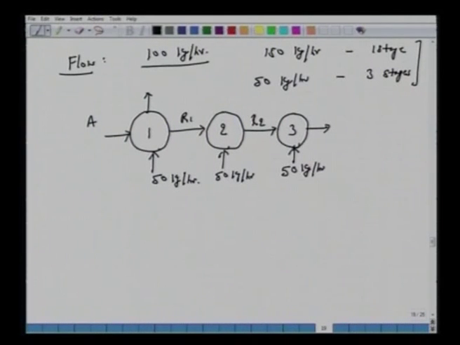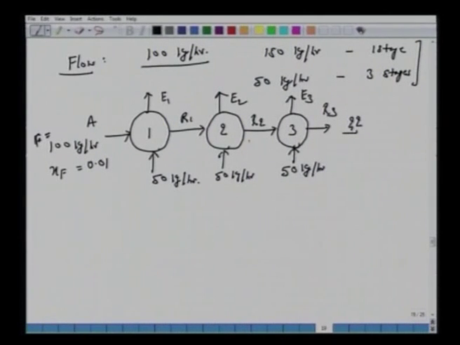Alright, and how much is your raffinate concentration R3 here? So these are the extracts E1, E2, E3. This feed is 100 kg per hour. So F, okay, it contains 1%. So XF is 1% or 0.01 weight fraction.